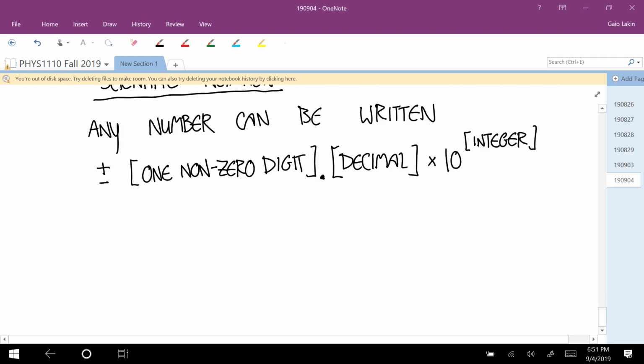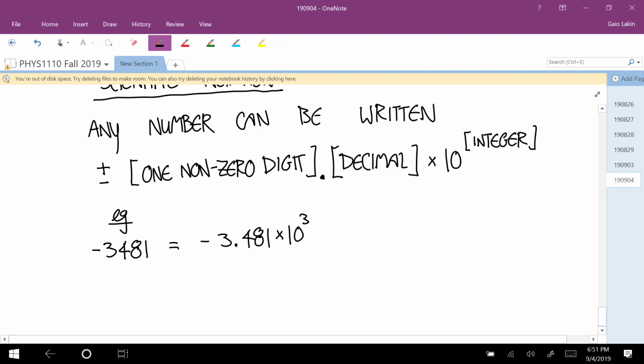So for example, negative 3481 written in scientific notation is negative 3.481 times 10 to the third.